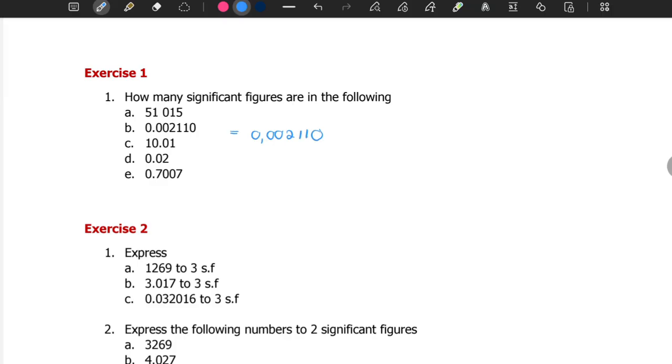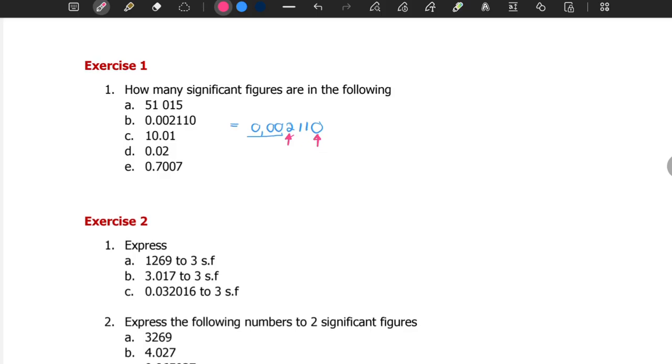Going back to the rules, for numbers less than 1, the zeros just after the decimal point and before a non-zero digit are insignificant. So these ones are non-significant. The first significant number is 2, and this 0 is also significant since it was intentionally placed after a non-zero digit. So that gives 1, 2, 3, 4. So that has 4 significant figures.